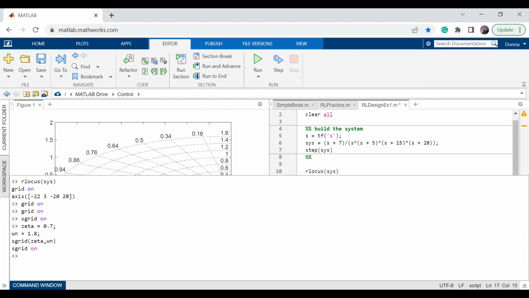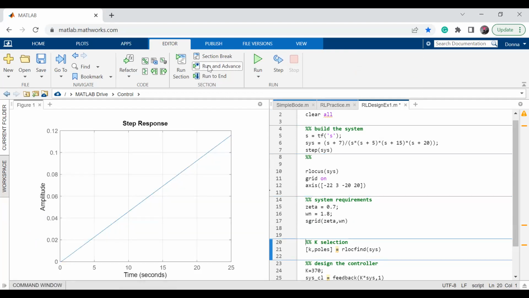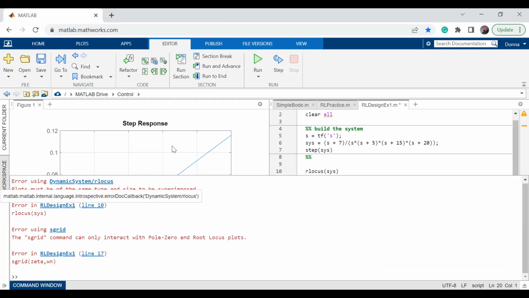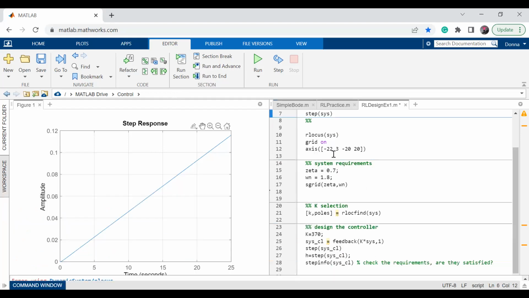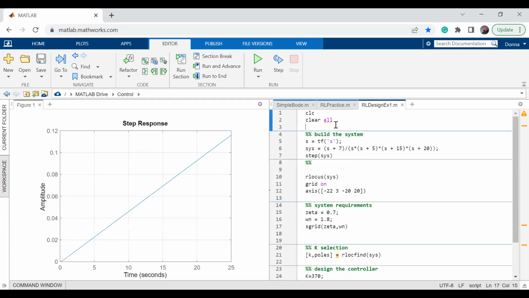Okay. I'm gonna take this out. Run from top. So it would have both my root locus, and then I can see what happened here. Run that.